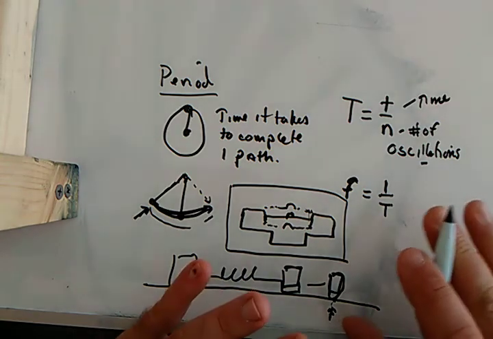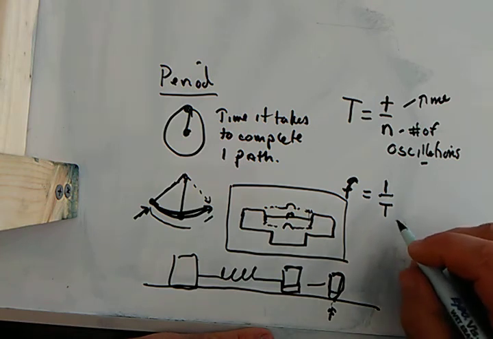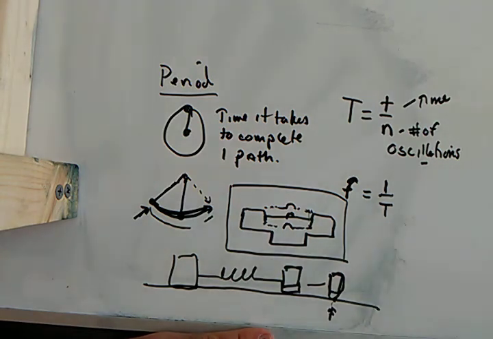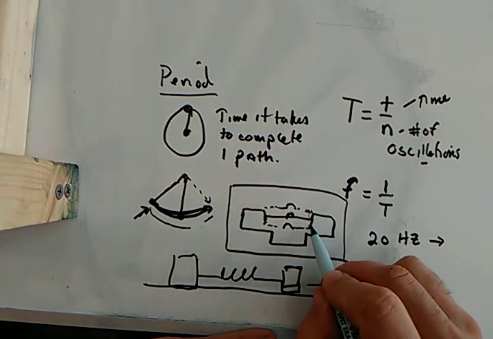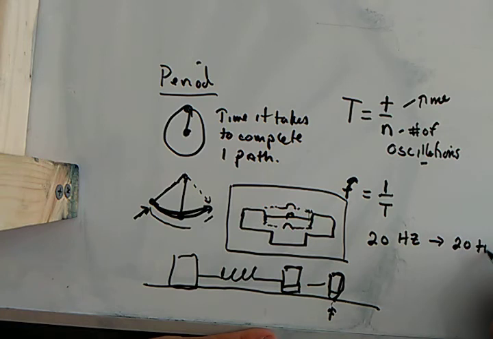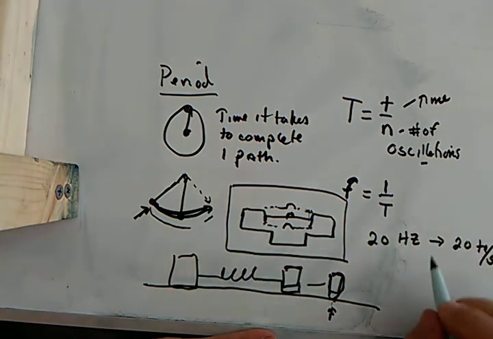Just to give you a very simple definition here, the human ear can pick up sounds all the way down to about 20 hertz, which means that this speaker has to go up and down and repeat its cycle 20 times per second. So this thing has to go up and down 20 times really fast per second in order for us to actually hear it.